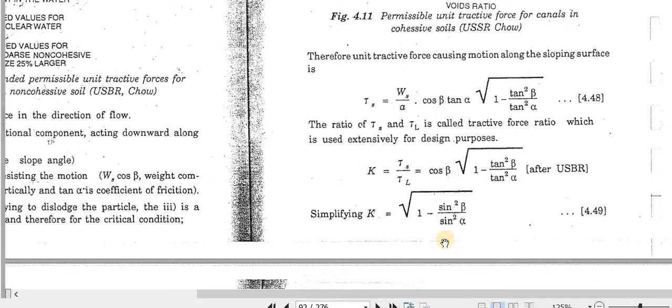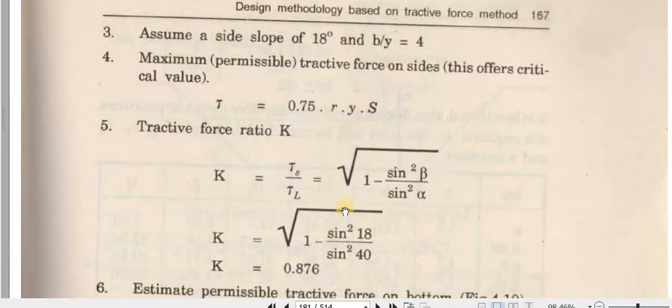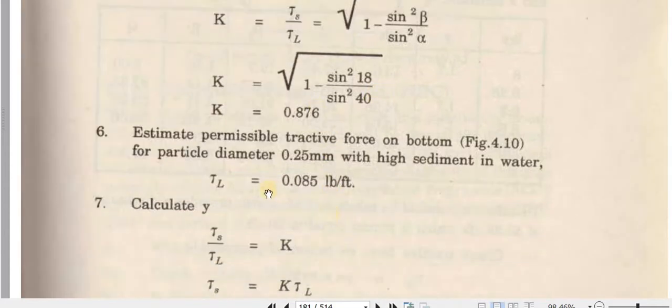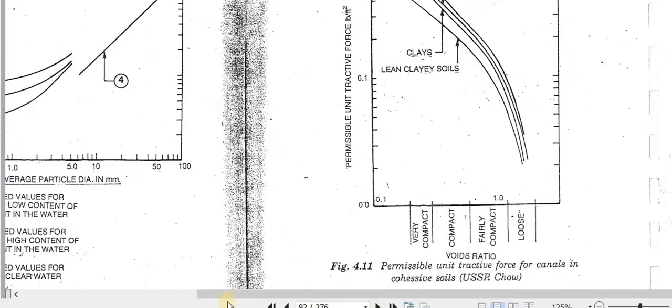That is also an equation for K, and beta and alpha are the angles. Beta is the angle of side slope, alpha is the angle of repose, and K is equal to 0.876. Now we have to estimate the permissible tractive force on the bottom, figure 4.10, for this particle diameter with high sediment in water. Now we have to move to figure 4.10.